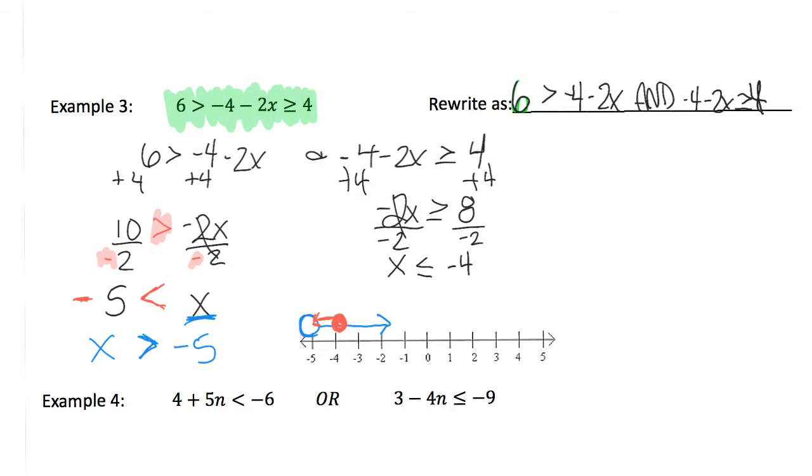So we have an overlap right in the middle. Our answer could be somewhere between -5 and -4, really. If you extended your line, you're going to want to get rid of that extension, because our graph really only goes from -5 to -4.